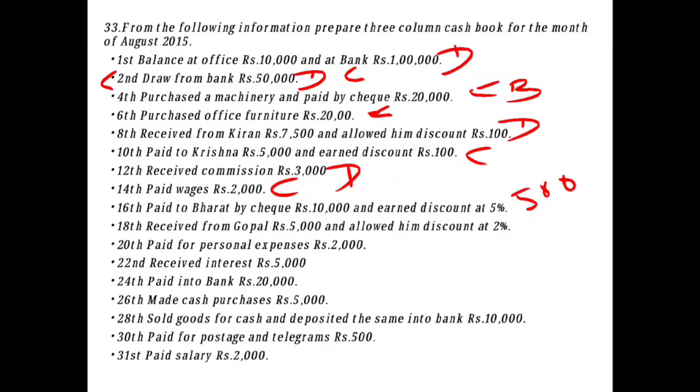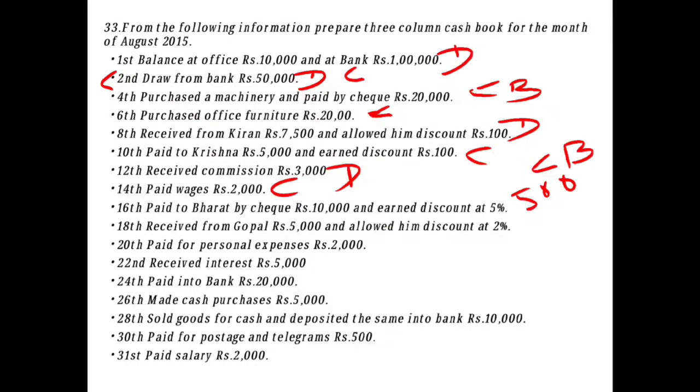You record on the credit side in the bank column 9,500, and in the discount column you write 500 rupees, the check you have paid being 9,500.